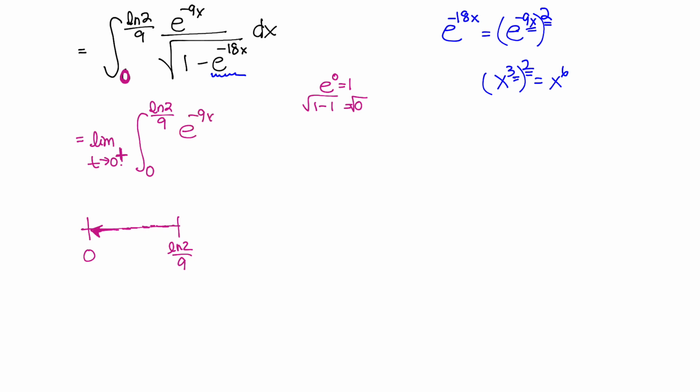e to the negative 9x over the square root of 1 minus, and I'm telling you, rewrite this like this. Do you see why? What are you going to do with that? Make a what? U sub. Absolutely. What are you going to let u be? 1 minus e to the, could be. Even better. Actually, you have to be careful with that.